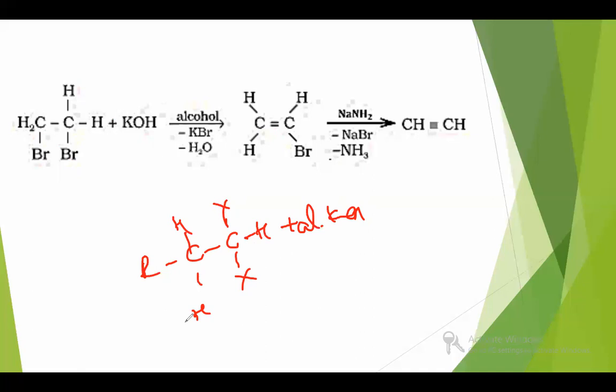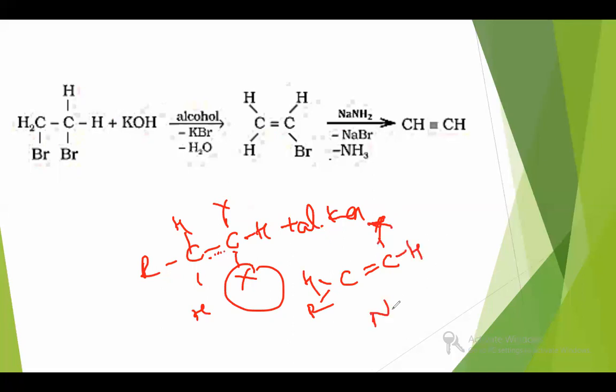So what happened? Hydrogen and halogen get eliminated as HX, forming a double bond. So between them, it forms a carbon-carbon double bond, and will be having one hydrogen and R group. One halogen gets eliminated, left behind with this one halogen and hydrogen.